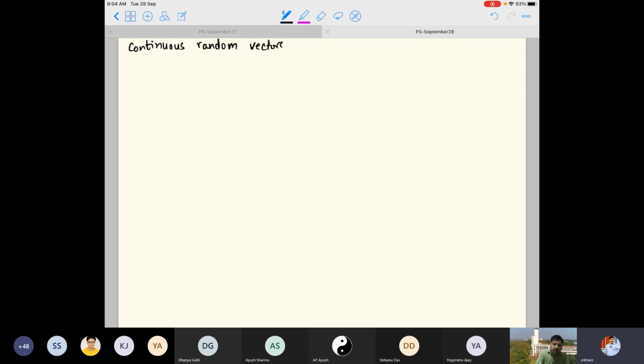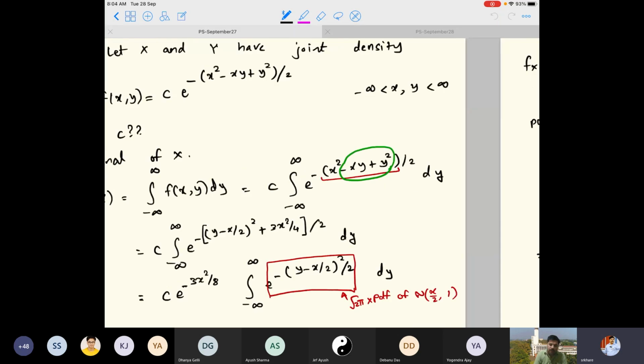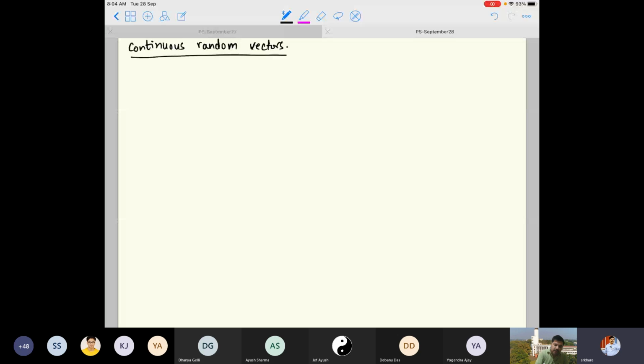In yesterday's class, we already saw the joint PDF. We started with the joint CDF, correct? From the joint CDF, we defined the joint PDF. Then we defined marginal PDFs, right?